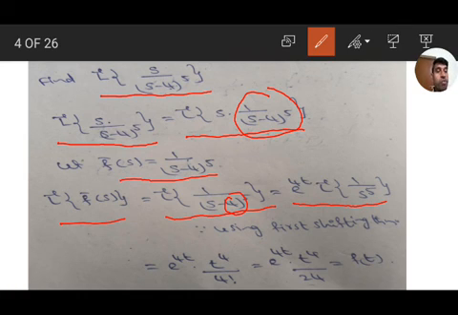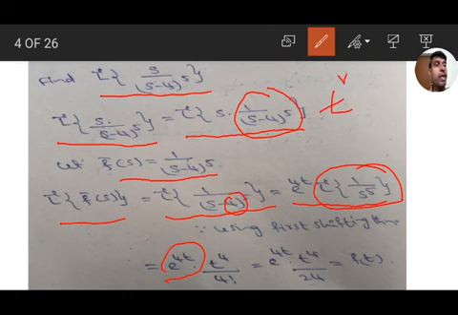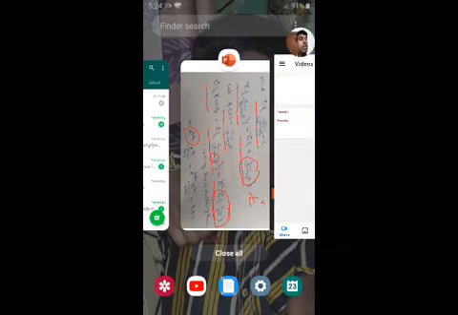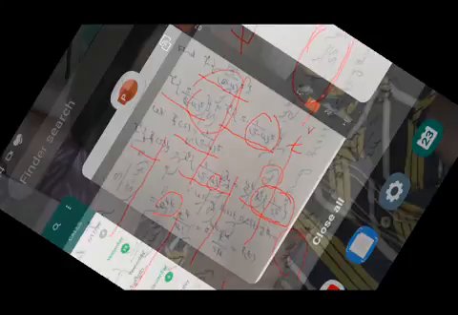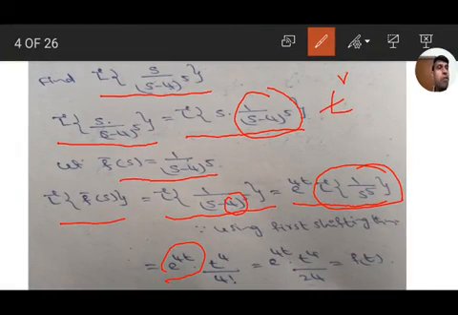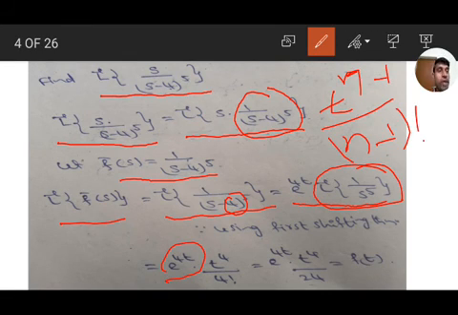Next, e to the power of 4t is as it is. Next, L inverse of 1 by s to the power of 5. The formula is t to the power of n minus 1 by (n minus 1) factorial.